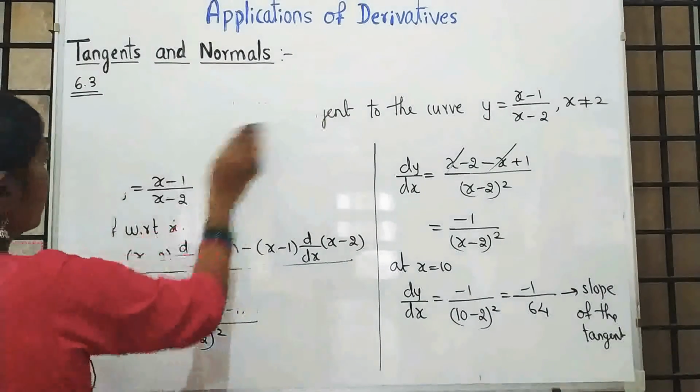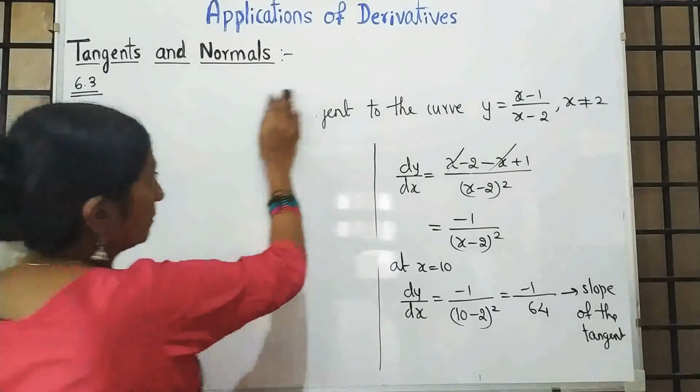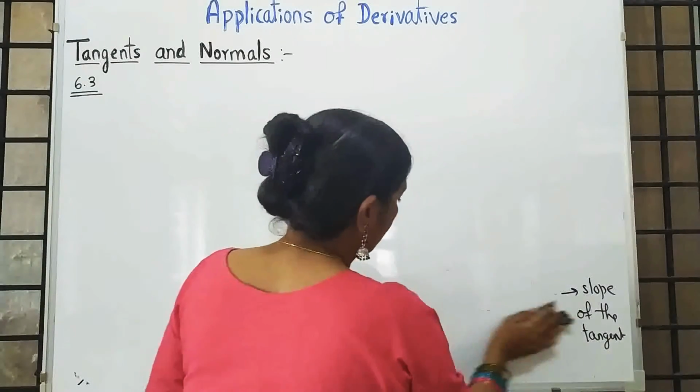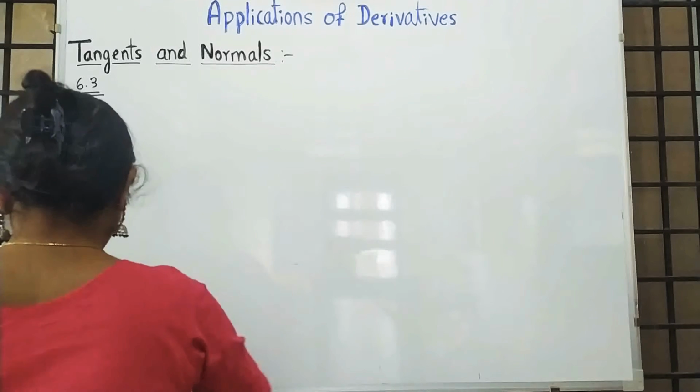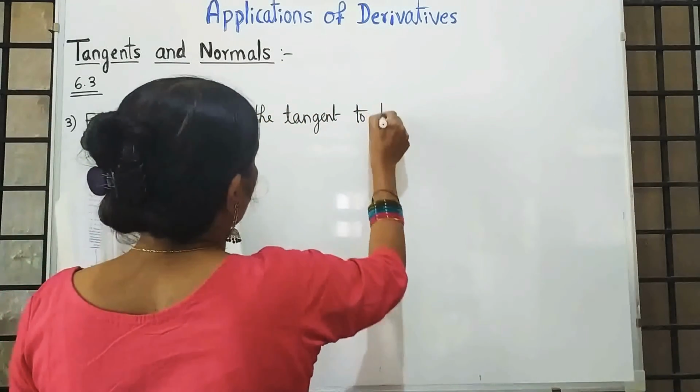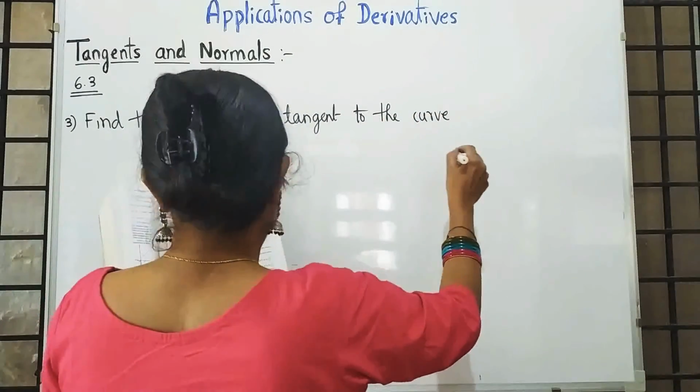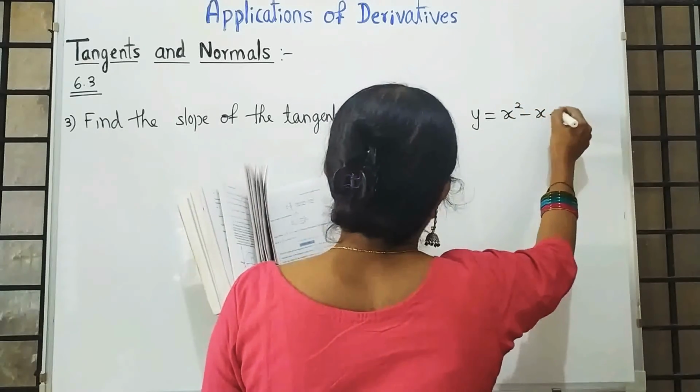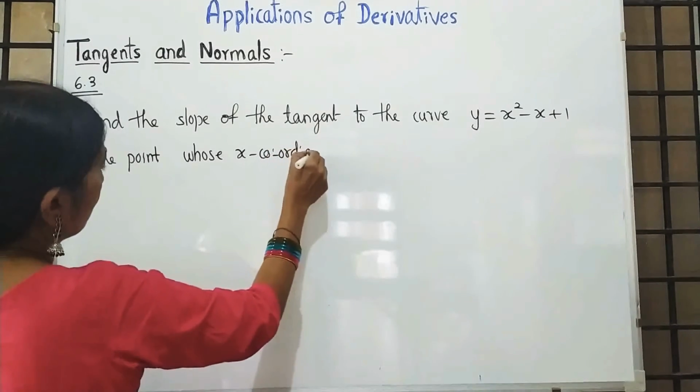Question number 3. Find the slope of the tangent to the curve y is equal to x square minus x plus 1 at the point whose x coordinate is 2.